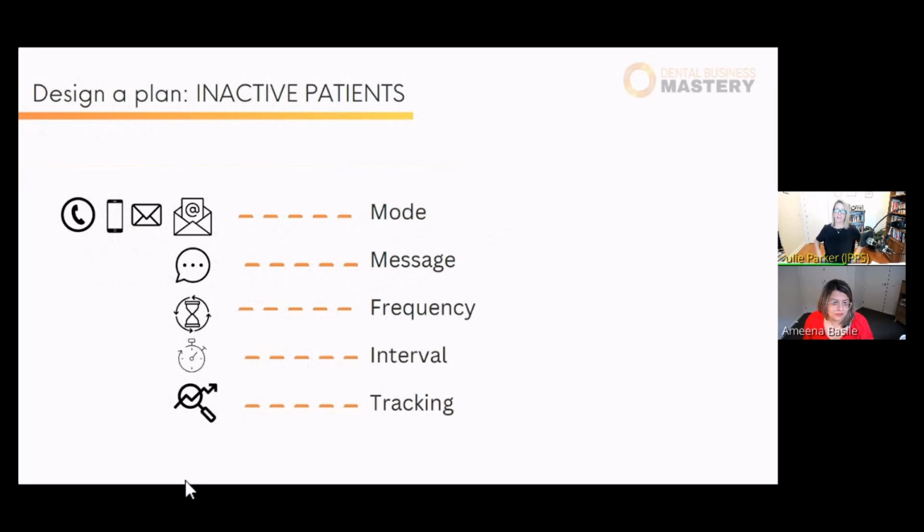Now, when we are reactivating patients, it is important to make sure that the mode of communication is effective enough to get the message across. Just like incomplete treatment, usually a simple, generic reminder won't be as impactful. The message you want to send out is trying to cover a lot of the reasons why someone wouldn't return.